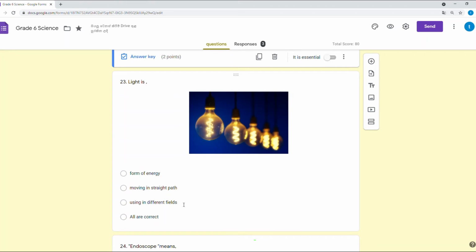As grade 6 students, you learn the different uses of light in communication and telecommunication, in the medical field, and in entertainment, not only vision. So form of energy, moving in a straight path, and use in different fields are all correct. Your selection should be the fourth one, all are correct.